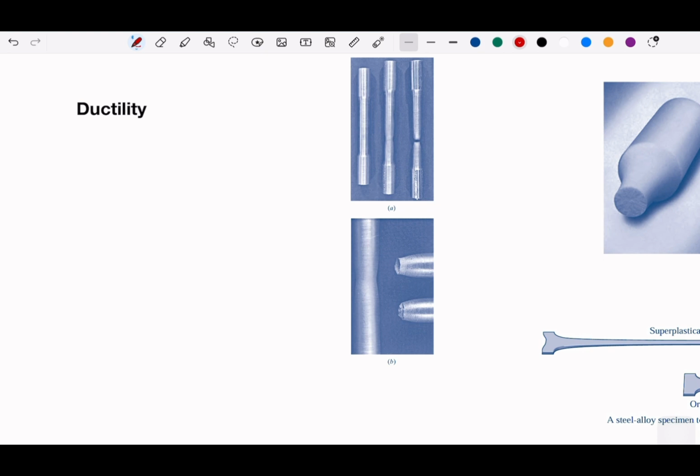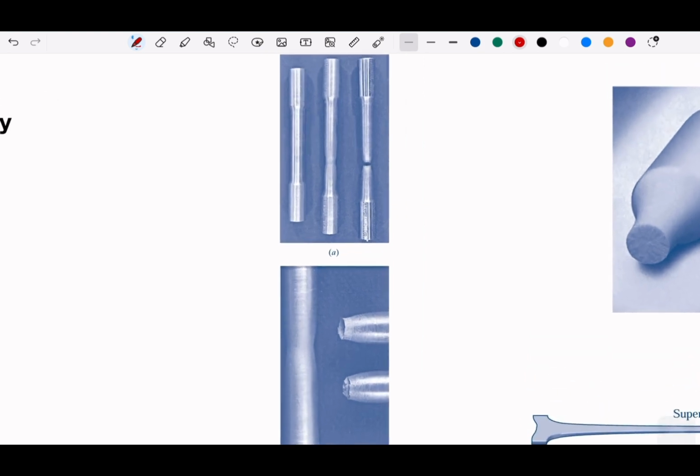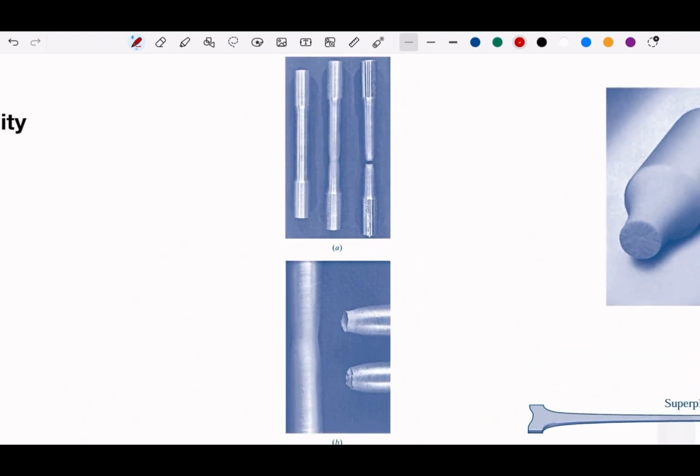We call this type of fracture the cup cone fracture. Here is the cup cone fracture. This is from the hot rolled specimen.